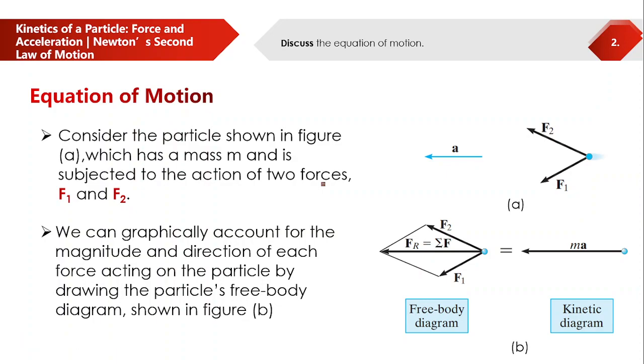Basically the whole force acting on the particle, accounting for its components, its vertical and horizontal components of F sub 2, F sub 1, and then you add those forces and find the resultant force.